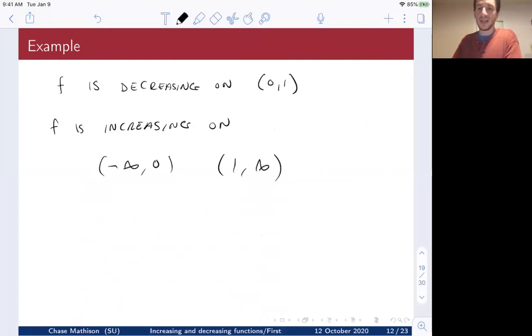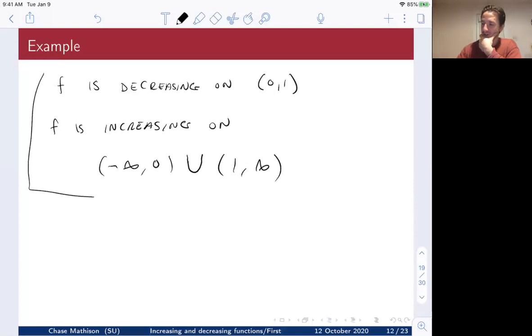Okay. And so the way we say it's increasing on both of these is I write both of those intervals down and I put a big U between them. This is math speak for f is increasing on both of these intervals. The big U stands for union, which again just means take both of these intervals. Are there any questions about this?